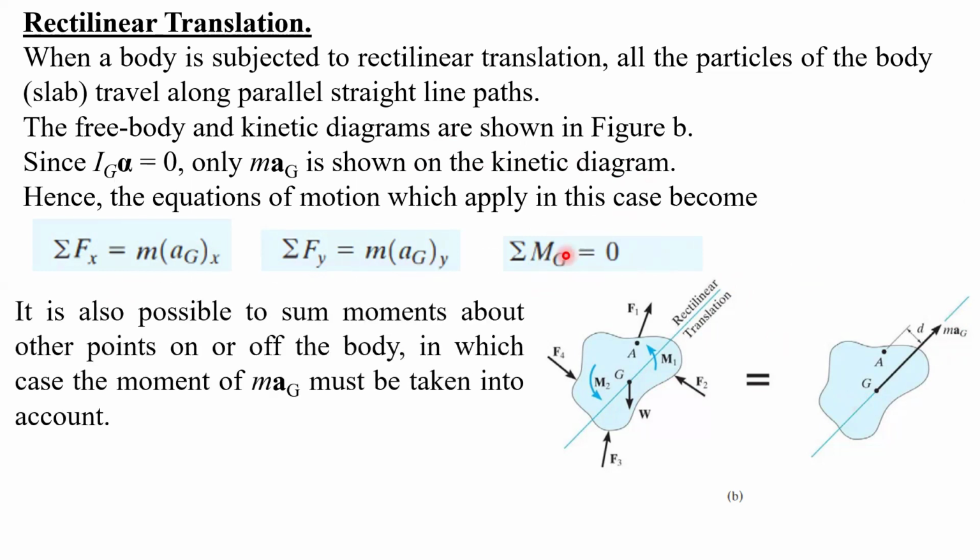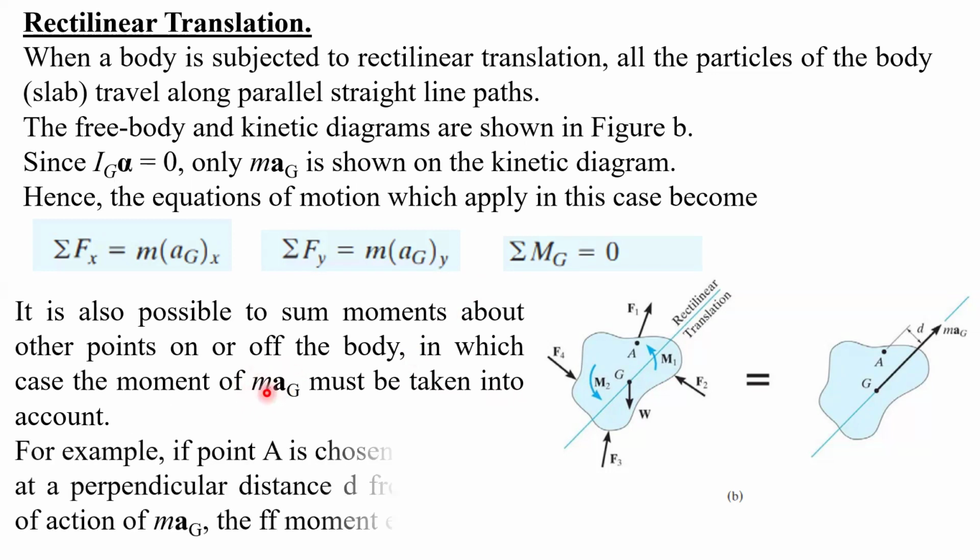It is also possible to sum moments about other points on or off the body, in which case the moment of m aG must be taken into account. That is, how far m aG is from the point you are looking at, and that distance becomes the moment arm, because moment is force times perpendicular distance.